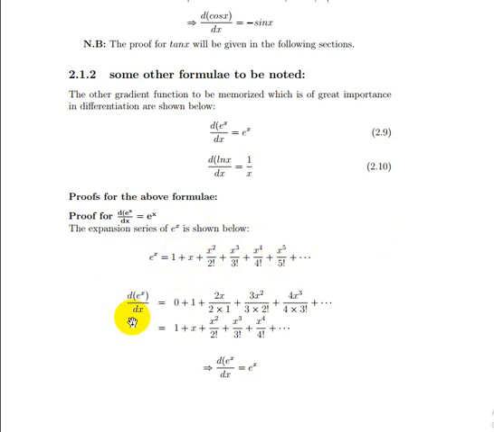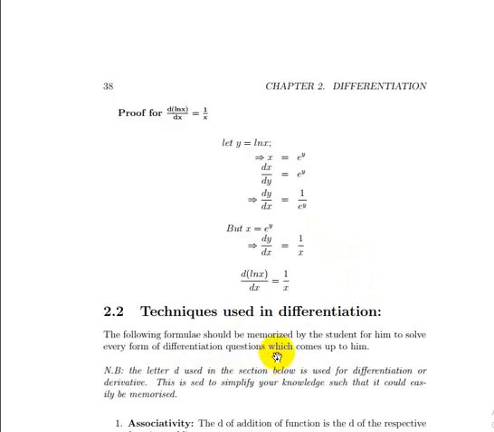Now, when you differentiate d of e raised to power x, when you differentiate 1, you're going to have 0. You differentiate this, you're going to have 1. You differentiate this, you're going to have this. You differentiate this, you're going to have that. And when you expand and solve all this, you're going to have this. This is similar to this function above. So it implies that the differentiation of exponential of x is equal to exponential of x.